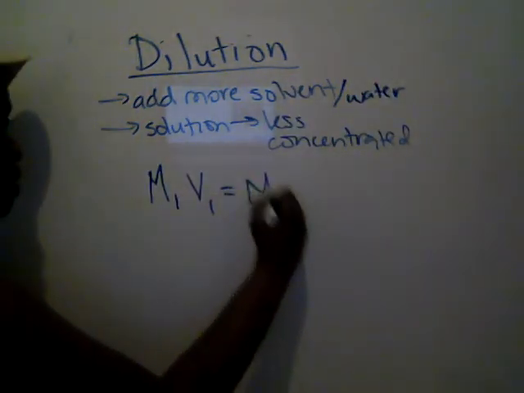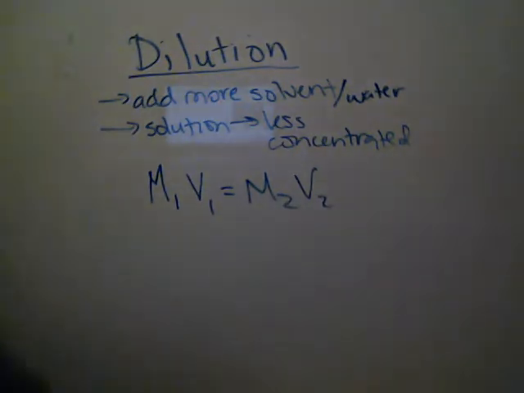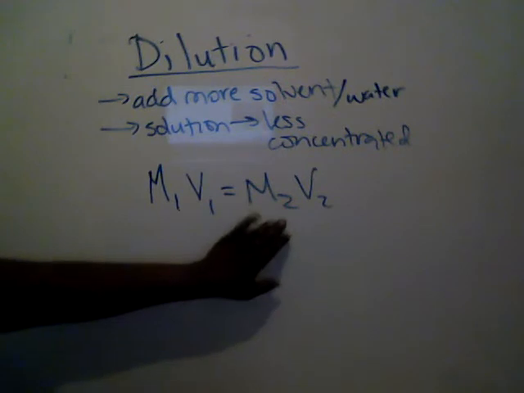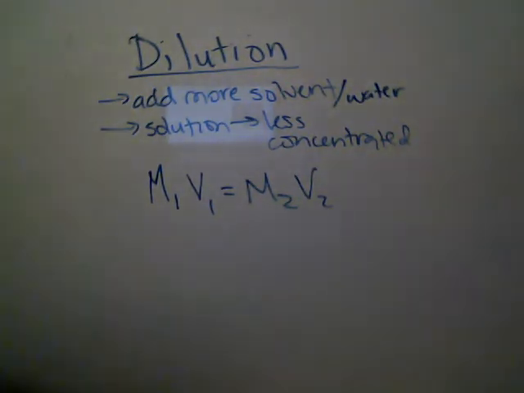M1V1 equals M2V2. Okay? So this is our initial molarity, initial volume, final molarity, and final volume.